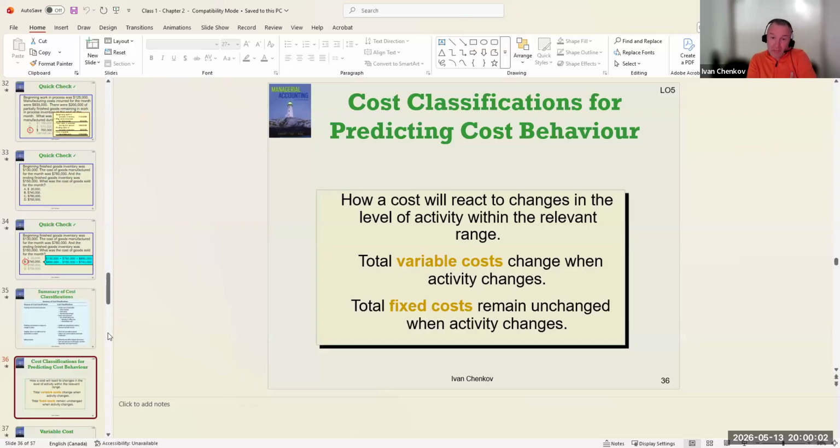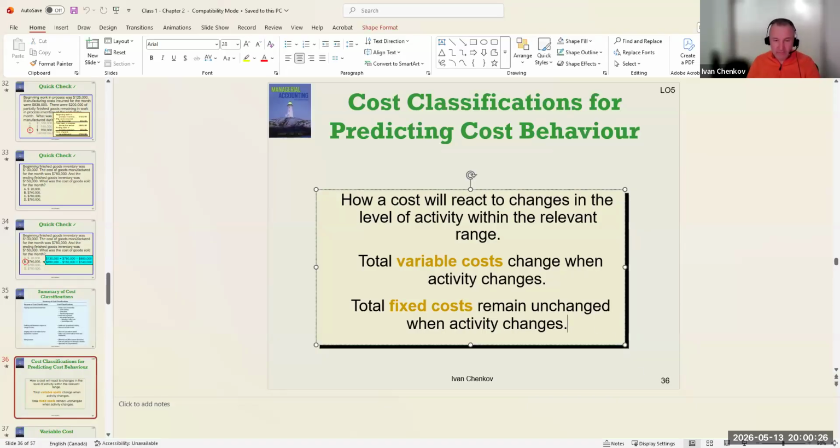Since we want to predict the cost, we want to know how the costs behave. The costs behave in two ways: as a variable cost and as a fixed cost. Before we go there, I want to make one thing clear.